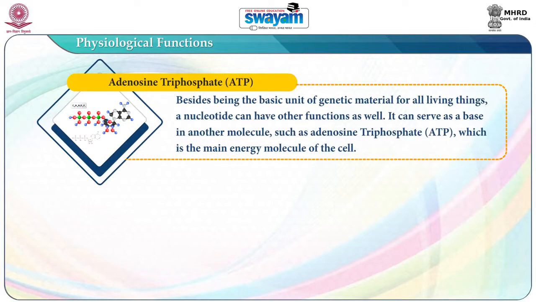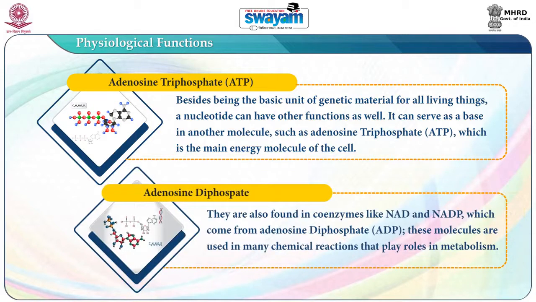Besides being the basic unit of genetic material for all living things, a nucleotide can have other functions as well. It can serve as a base in another molecule such as adenosine triphosphate, which is the main energy molecule of the cell. They are also found in coenzymes like NAD and NADP, which come from ADP.